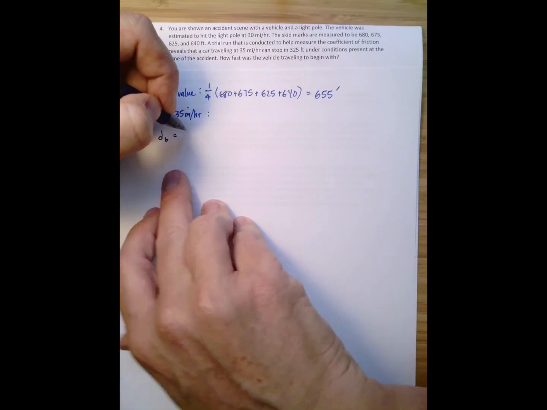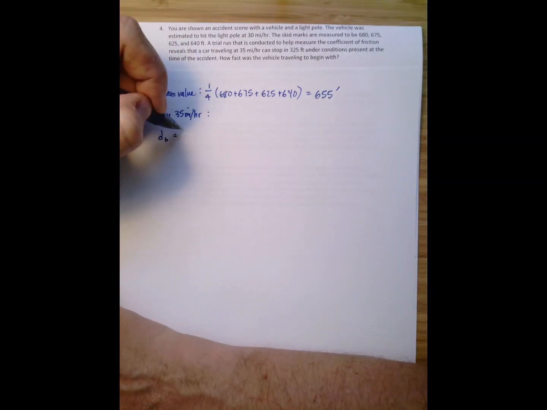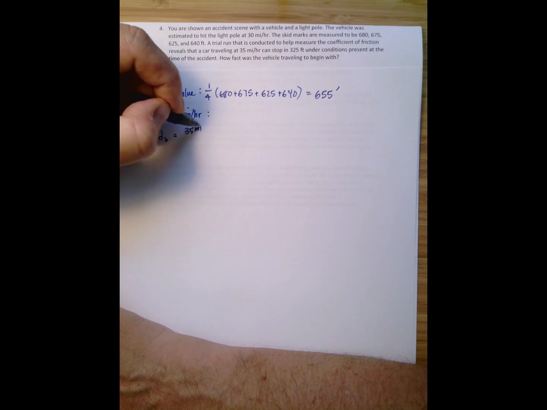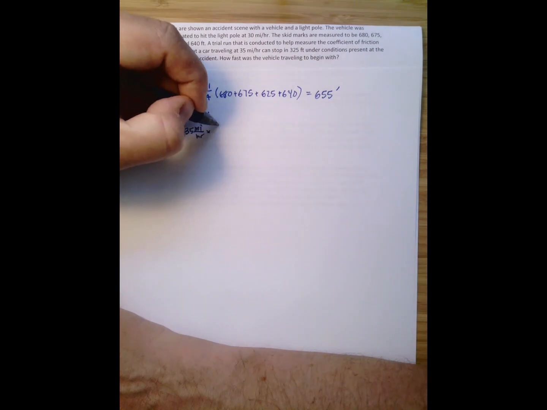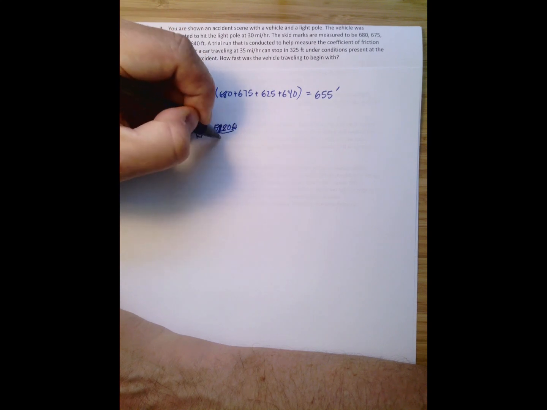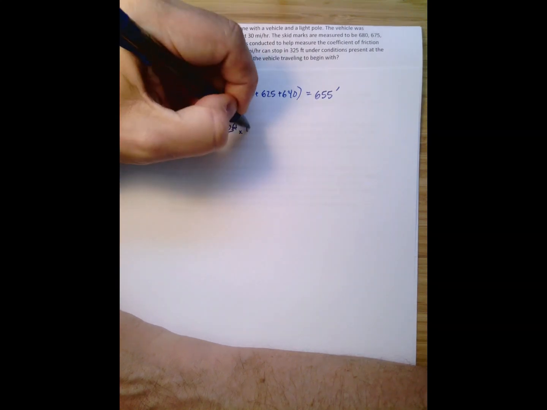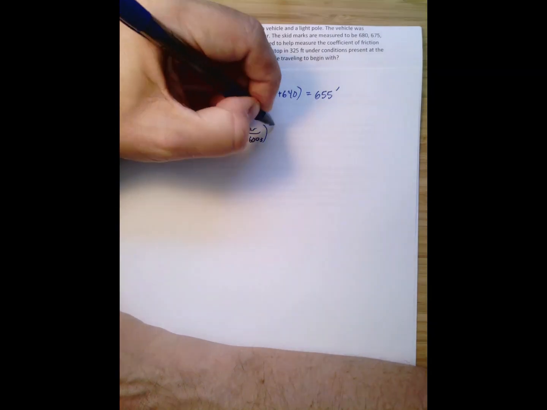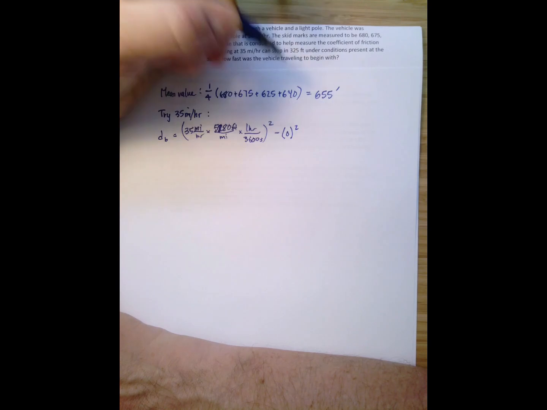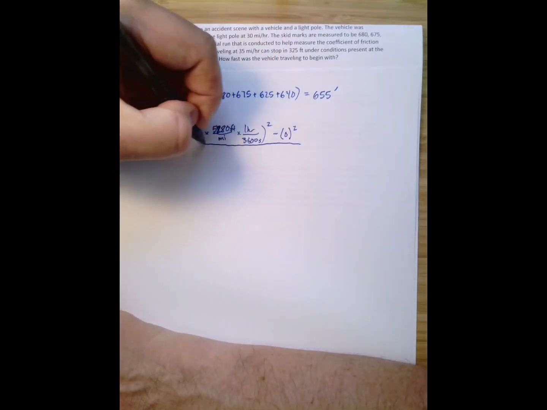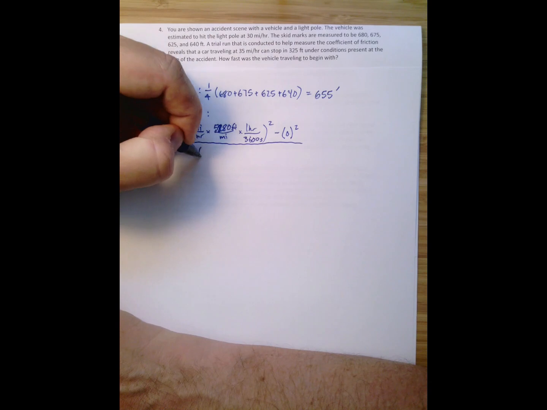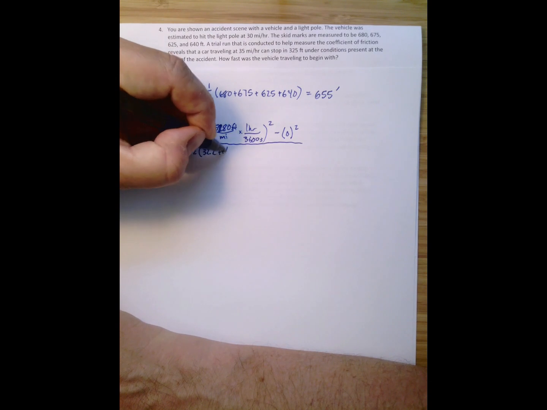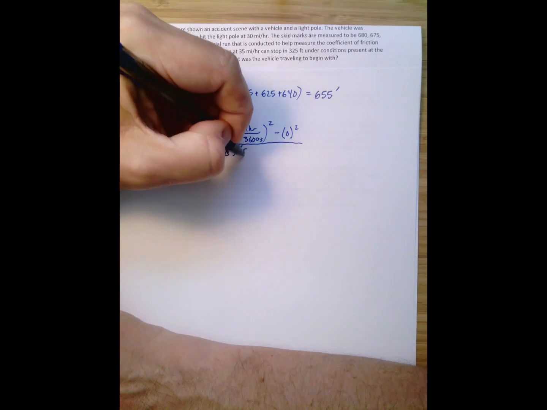So this is the initial speed of 35 miles per hour, and using dimensional analysis again, 5280 feet per mile and 3600 seconds per hour, squared, and then the vehicle is stopping, so the ending speed is 0, and then 2 times 32.2 feet per second squared times f.